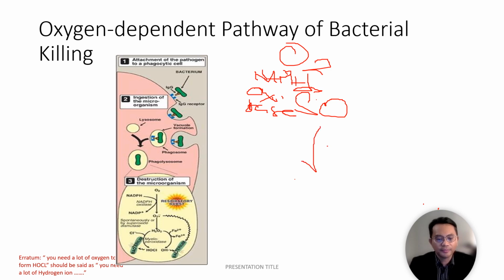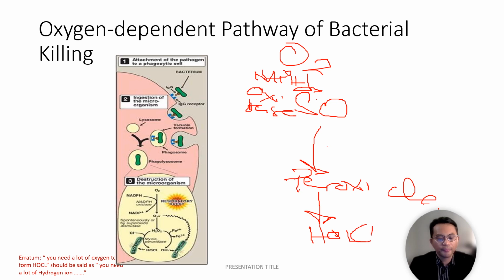And then this superoxide will be converted into peroxide. All right, into peroxide, and then this one will be converted into hypochlorous acid through the action of the enzyme myeloperoxidase in the presence of chloride.